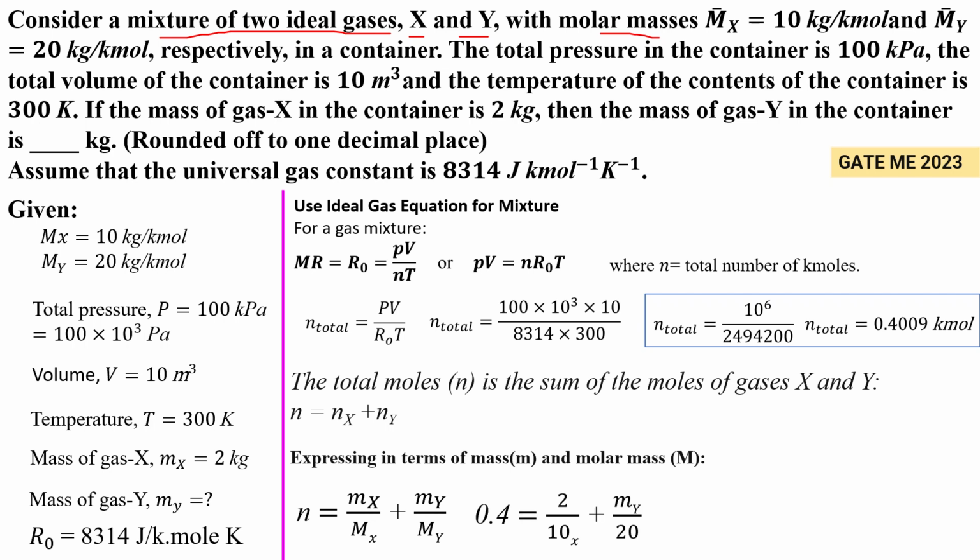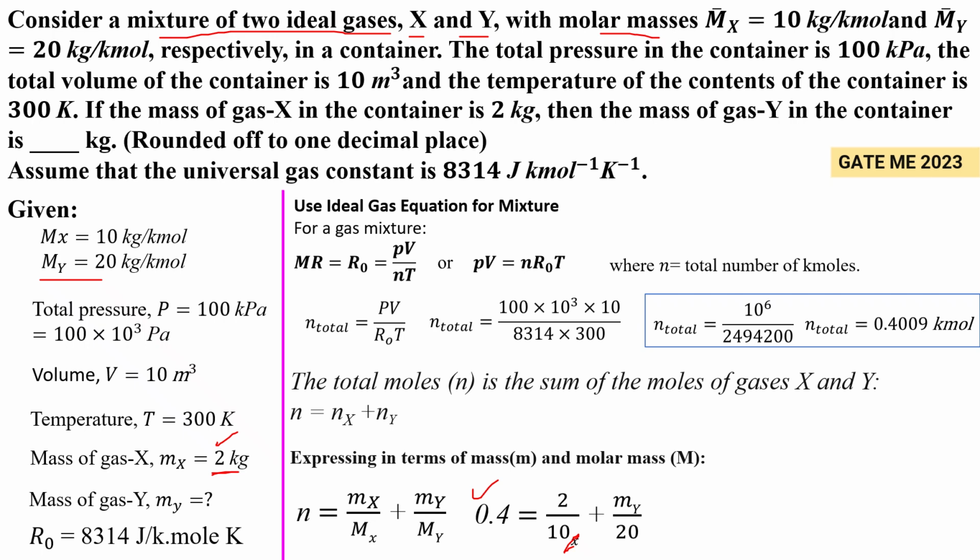Then we know the mass of the X gas is given, small mx, and molar mass Mx is given as 10, and small my you have to determine, and capital My, the molar mass, is given as 20 kg, and the small n value, that is the total number of moles, we also know, 0.4.